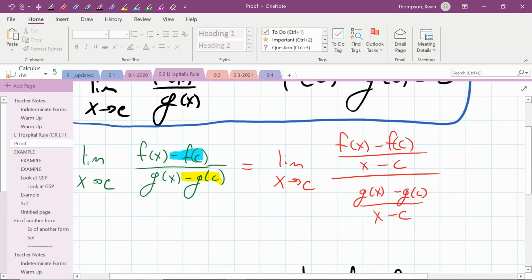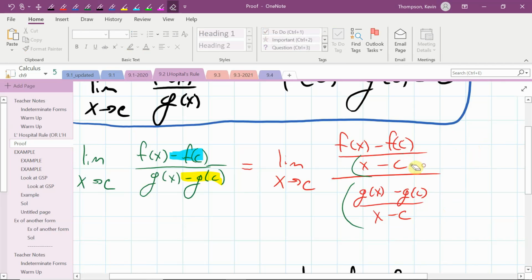If x is approaching c, you might argue that I'm dividing by 0 here, but I shouldn't be changing the limit, because if I multiply by the reciprocal of this, I just have this x minus c in common, which would be like a hole in the graph, which shouldn't change the value of the limit.